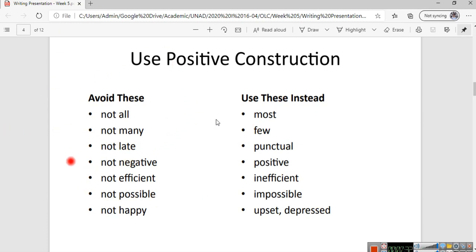It's called avoid this. I want Laura to help me read this list. So go ahead, Laura. Not all, not many, not late, not negative, not efficient, not possible, not happy.